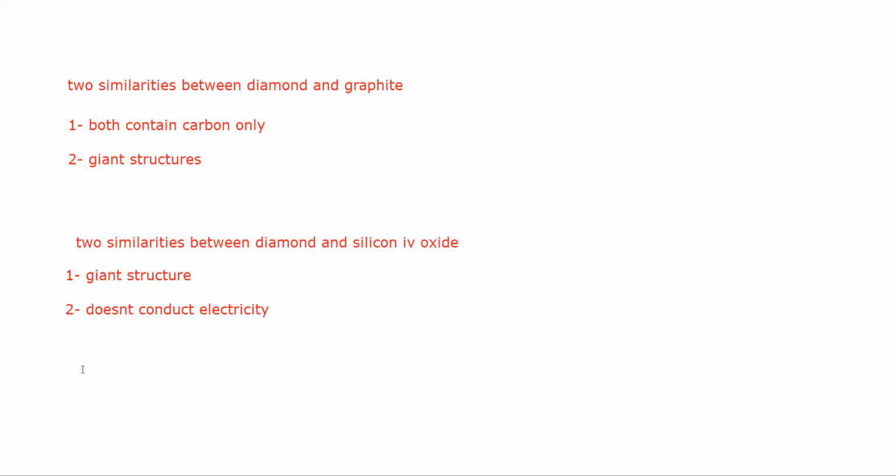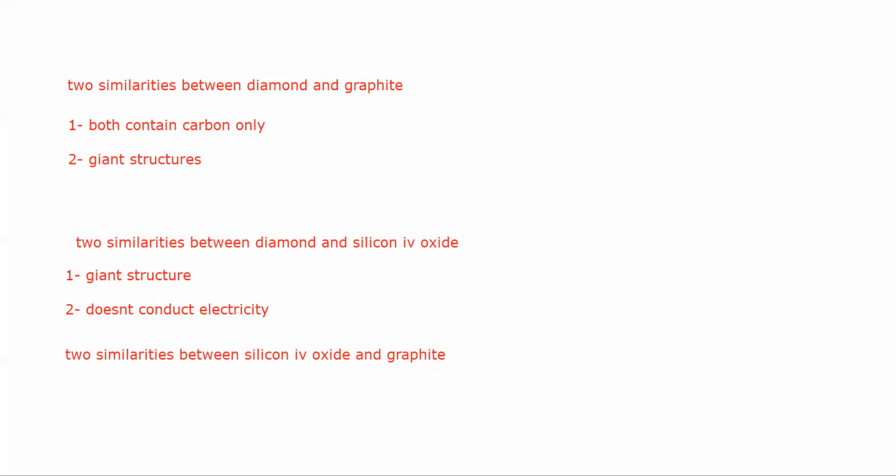Same thing if I say similarity between silicon 4 oxide and graphite. How are they similar to each other? How is silicon 4 oxide similar to graphite?